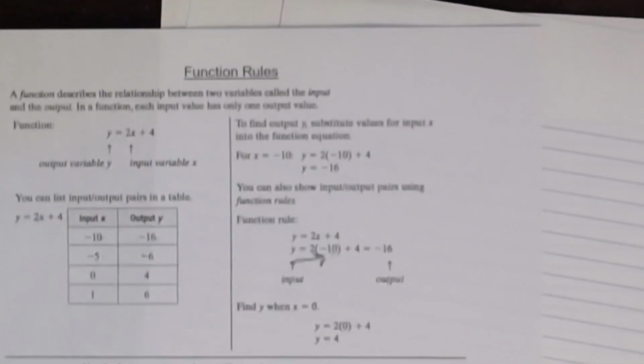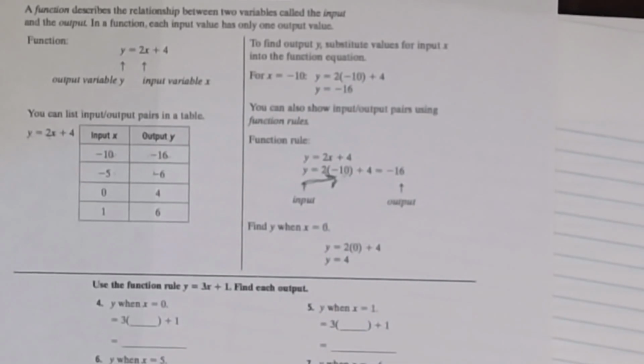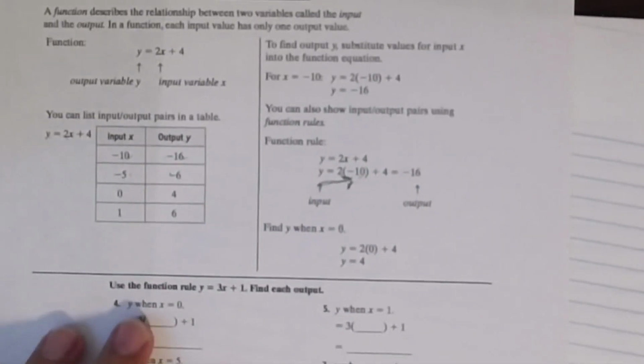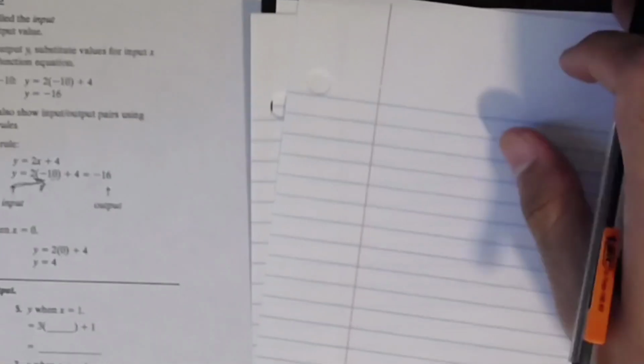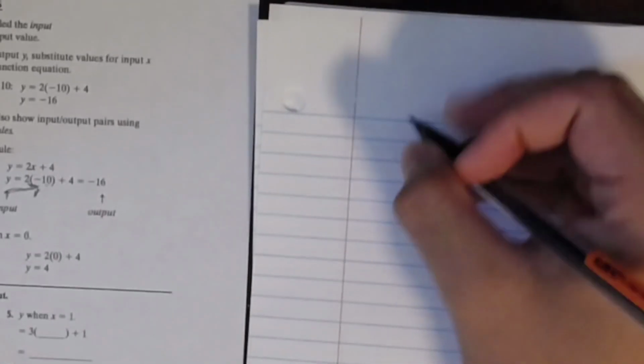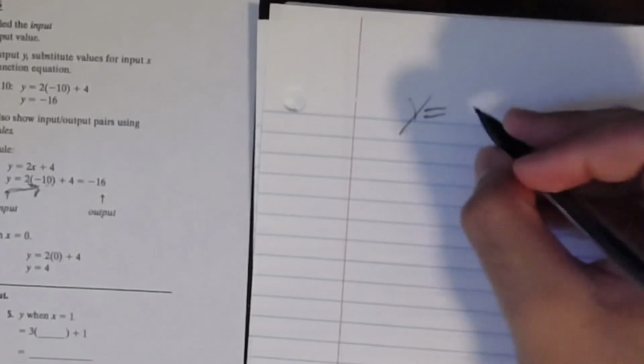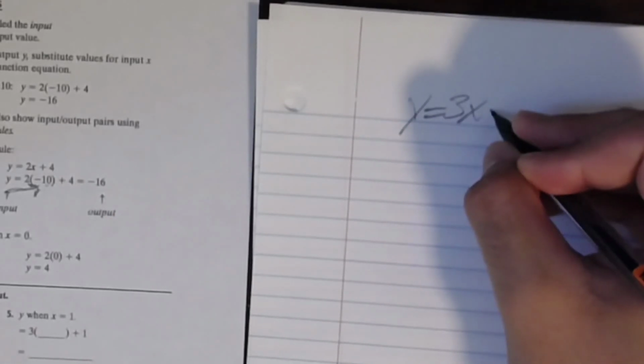So let's see. We have this equation. Let me just write over here. They're telling you this is your function. This is your machine.